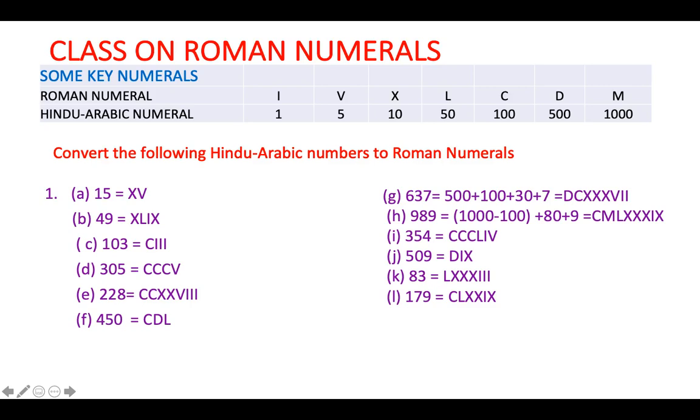If you are habituated with these key numerals, if you are able to memorize and understand them, it will be very easy for you to write the Roman numeral of any Hindu-Arabic number. These key numerals are 1, 5, 10, 50, 100, 500 and 1000.